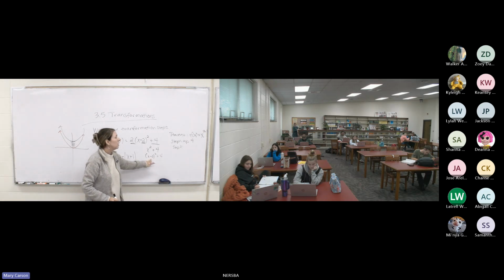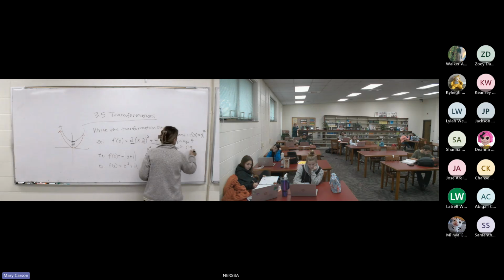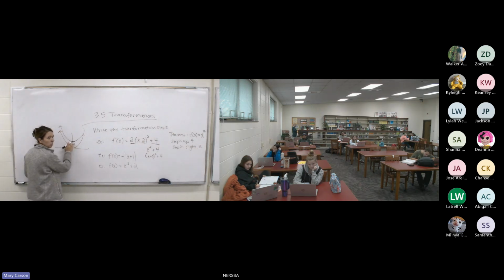Even though it's a negative, you're going to go to the right 2. So I'm moving this to the right, let's do it in a different color. You're just moving the whole thing over by 2.